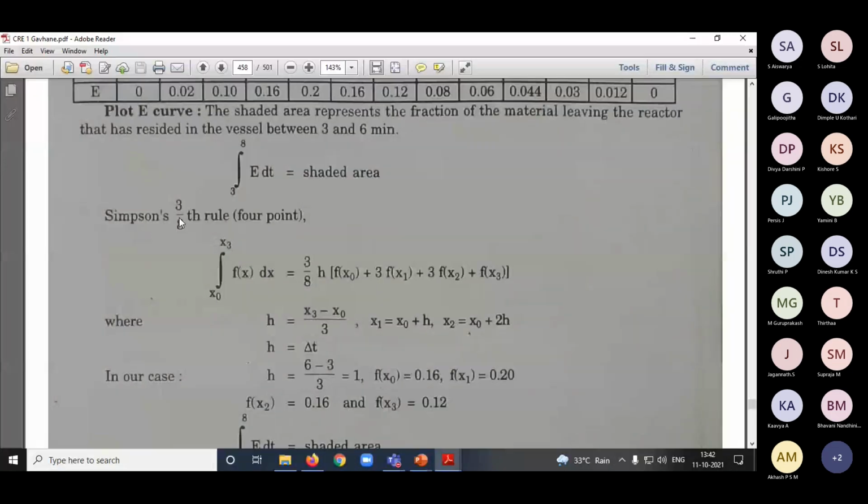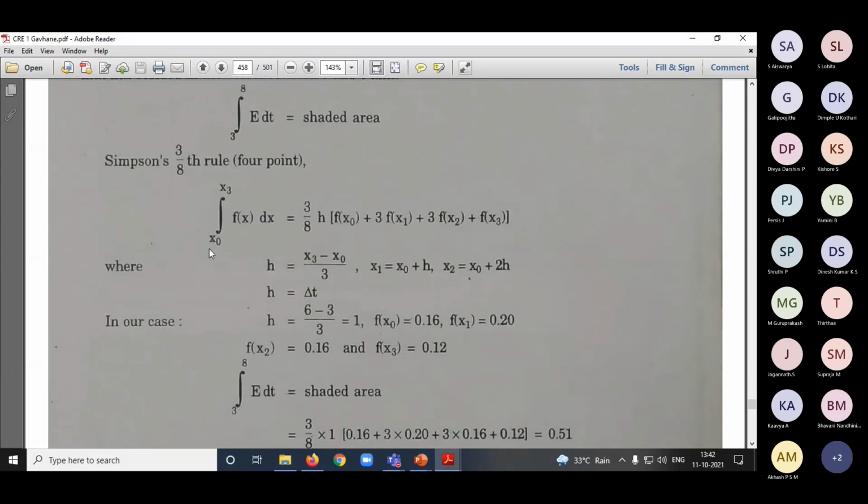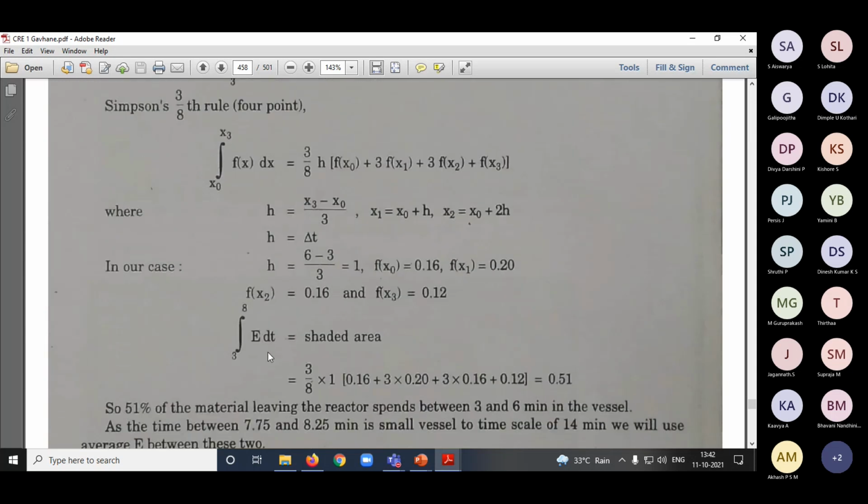So using Simpson 3/8 rule, that is the 4-point formula, you calculate x0 to x3, 3/8, f(x0), 3 times in between, and then this. This is the formula. If you are having 4 points, h is this formula, then you calculate h, and then you calculate the area under the curve from 3 to 6, how much you want.